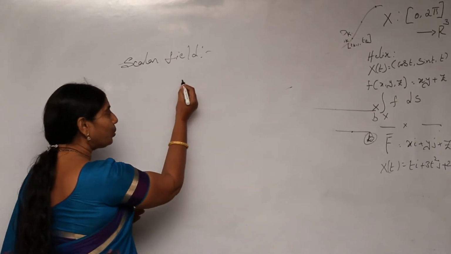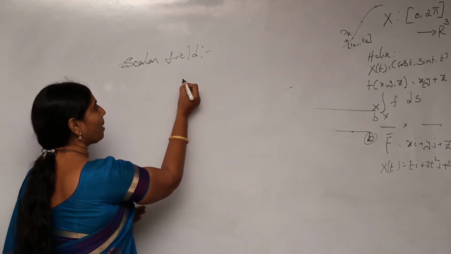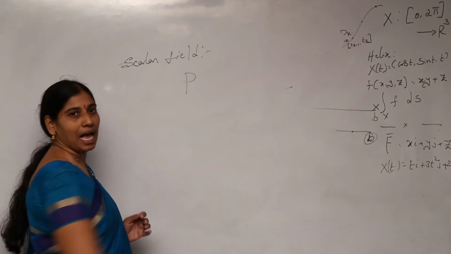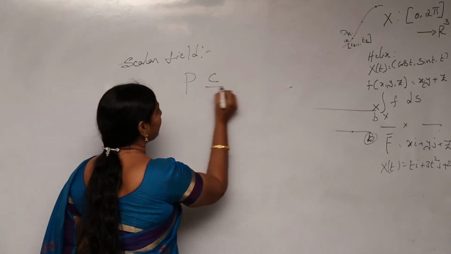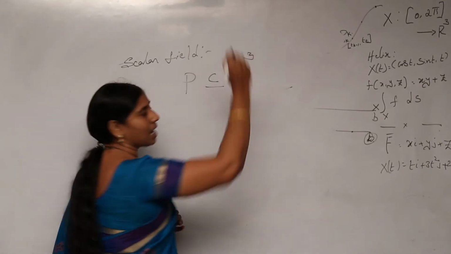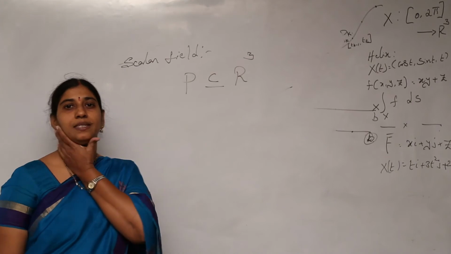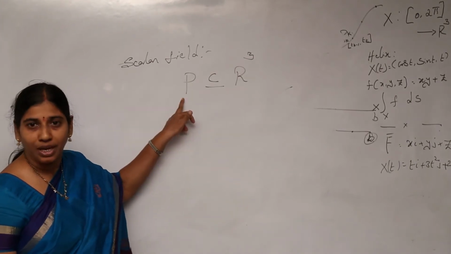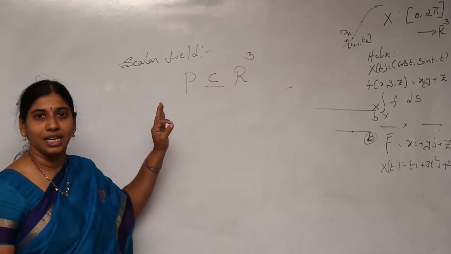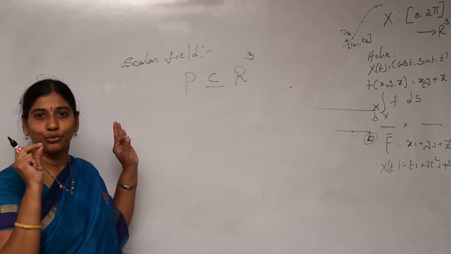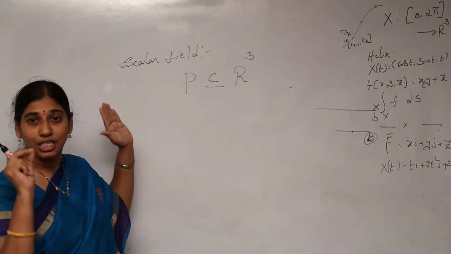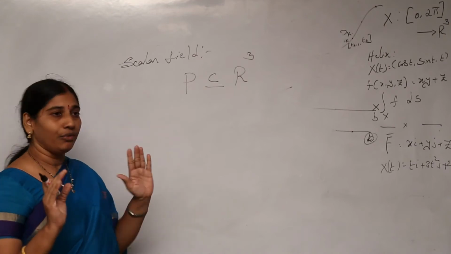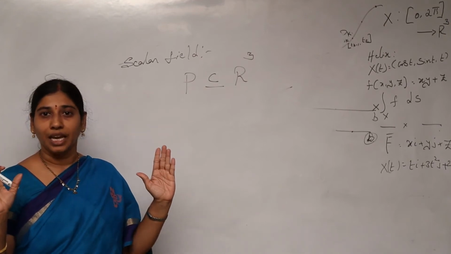If to any region, say suppose I call the region P, which is a subspace of R3, three-dimensional space, and to each and every point of P there is a specific scalar valued function with a specific value, then that particular function we call a scalar field.